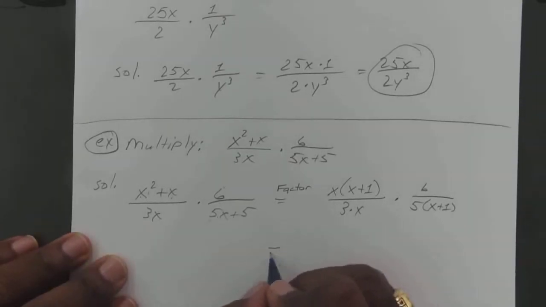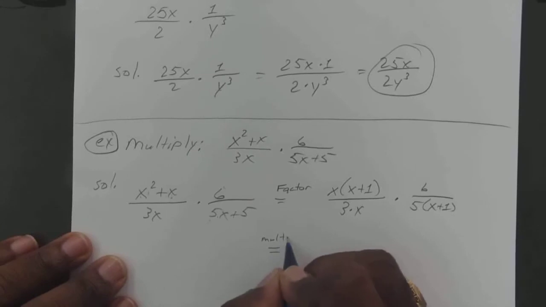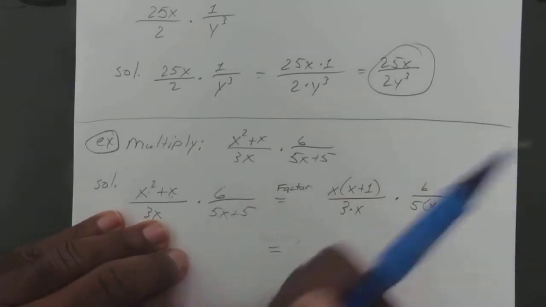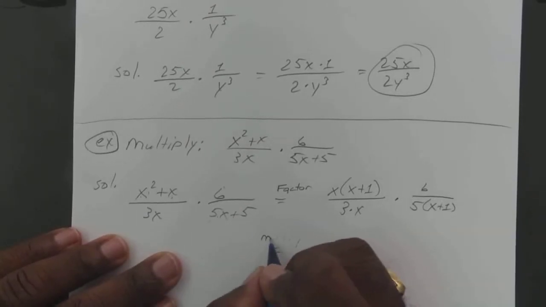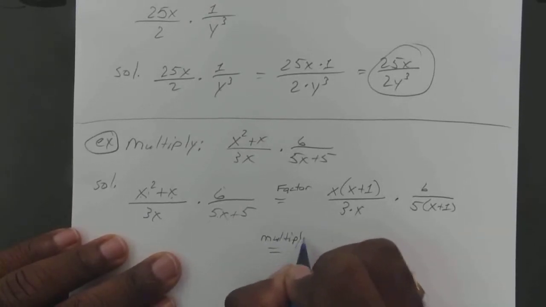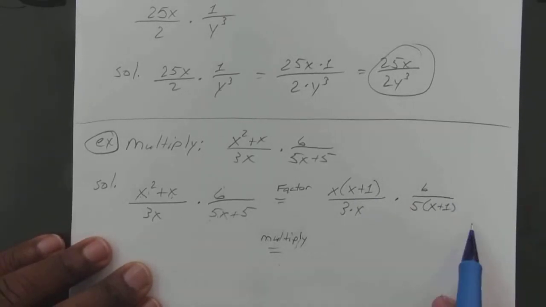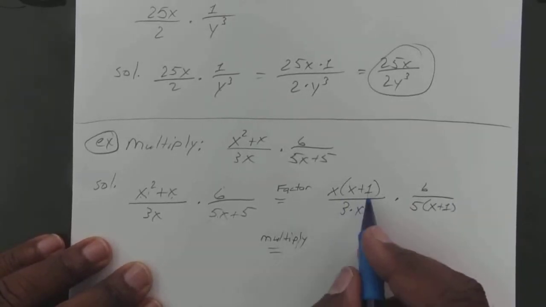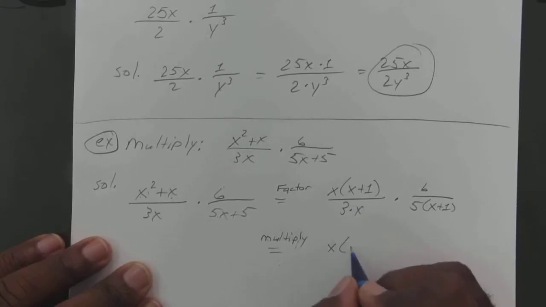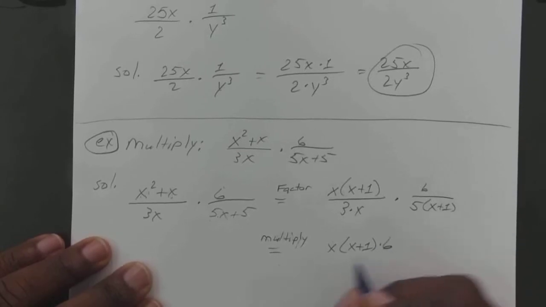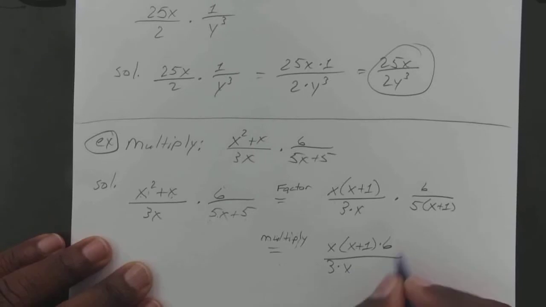Okay, and now you multiply. So you multiply your numerators, then you multiply your denominators. So you have x times x plus 1 times 6 over 3 times x times 5 times x plus 1.